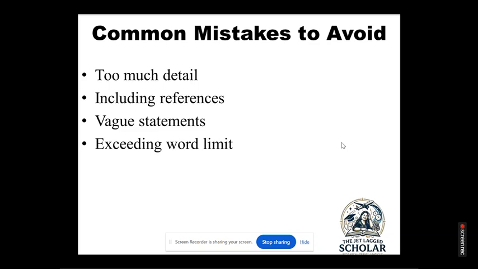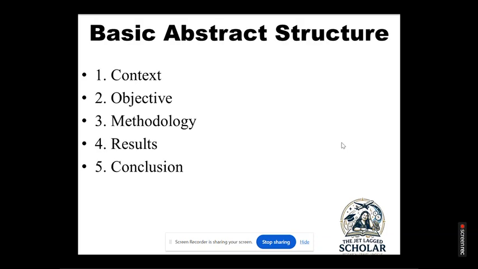You just need to give a gist or a summary, not every detail, and it should never include references. Then avoid vague statements and exceeding the word limit. Each journal or conference submission specifies the word limit, so you need to strictly follow that.